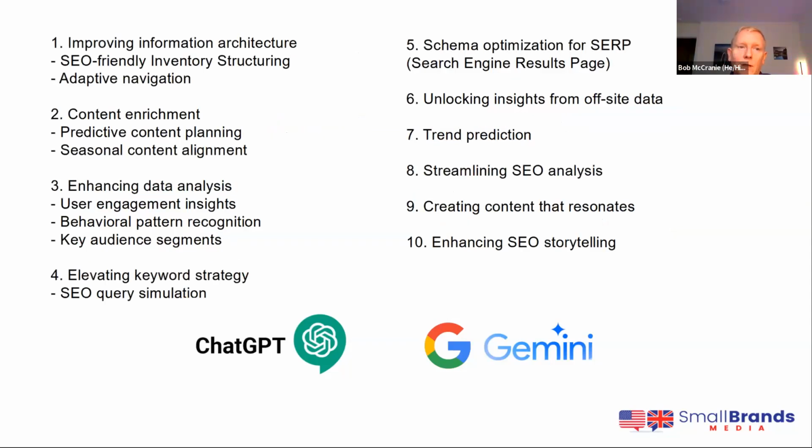Okay, so here are the things you could use AI for in SEO that's not about stuffing content on your page. Not exclusively. Improving information structure: asking ChatGPT or Bard, I'm sorry, Gemini, to look at your site and suggest how you would structure your pages.